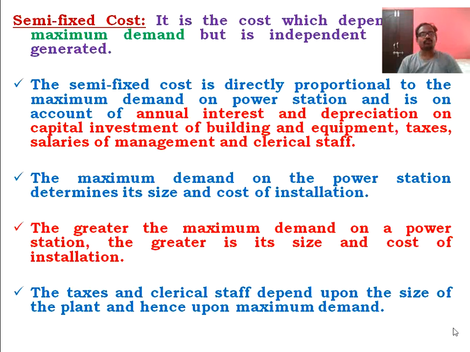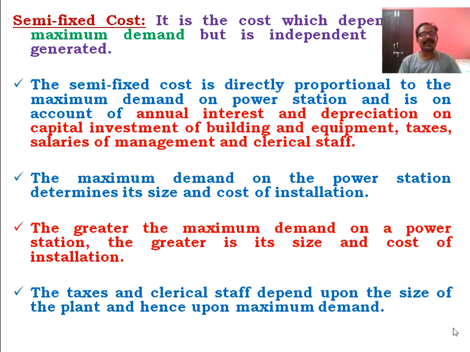So it includes annual interest and depreciation on the capital investment of buildings and equipment of the power plant, plus taxes, plus salaries of the management and clerical staff. So the maximum demand on a power plant determines its size. Depending upon its size, the cost of the installation will vary.